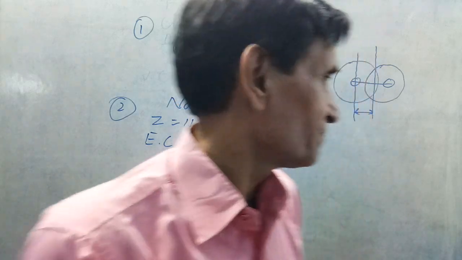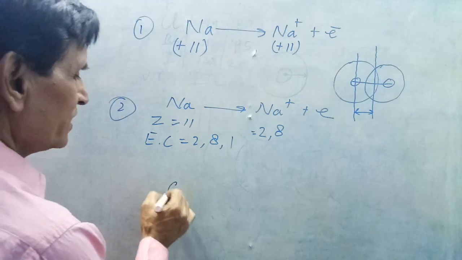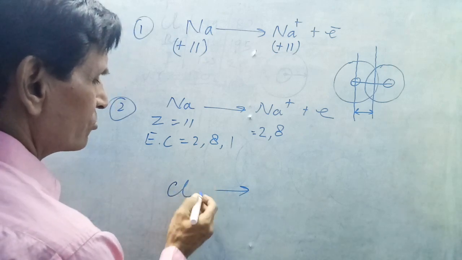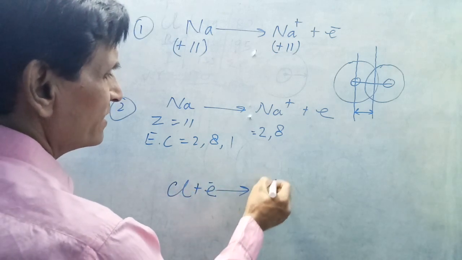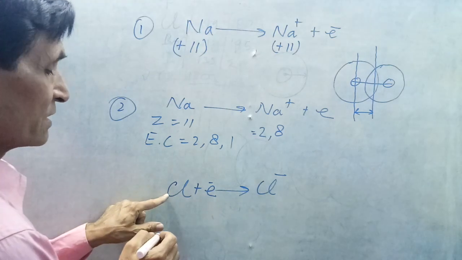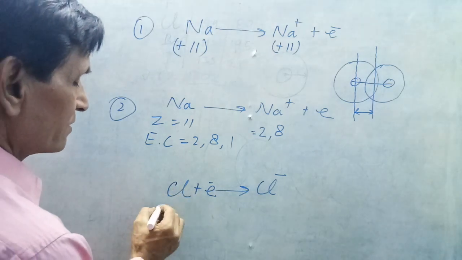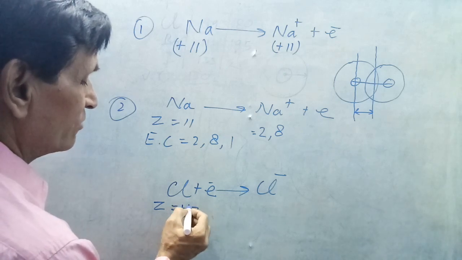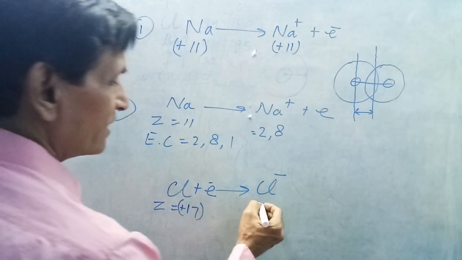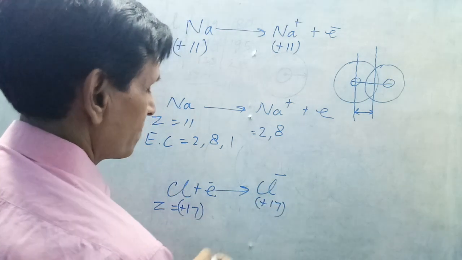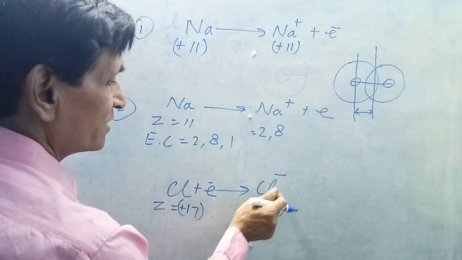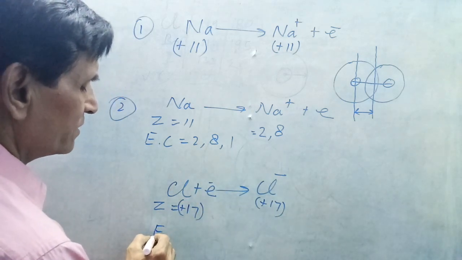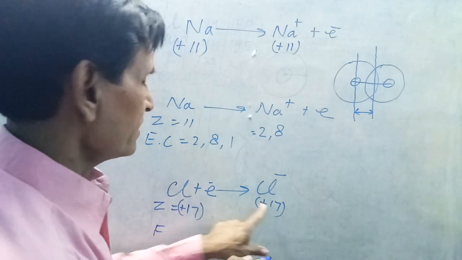Let us see one example. When a chlorine atom gains one electron, there is formation of chloride ion. In the chlorine atom, the number of protons is 17. Nuclear charge is 17. Here also nuclear charge is 17. When it gains an electron, it forms an anion. Charge remains the same.